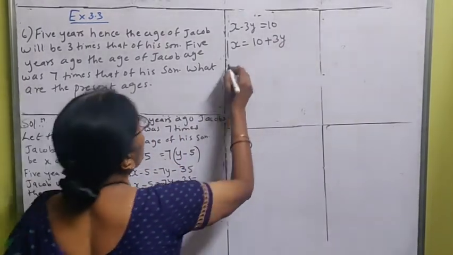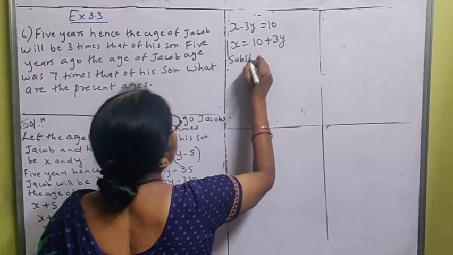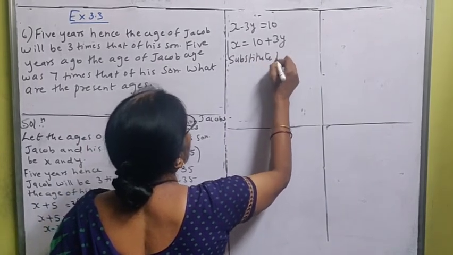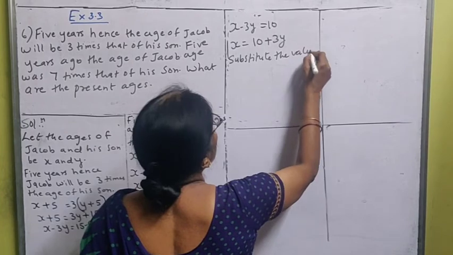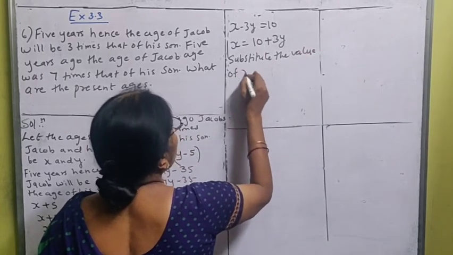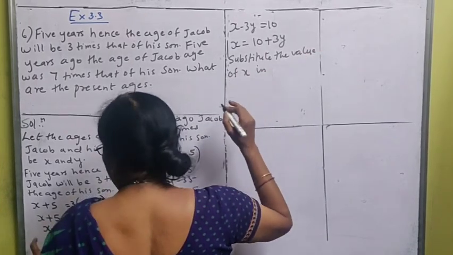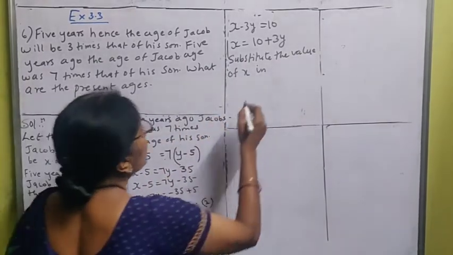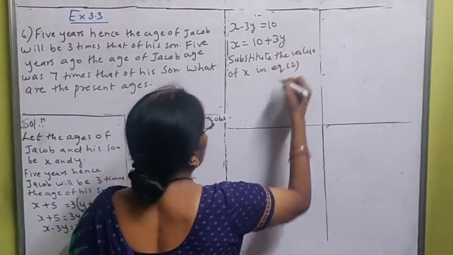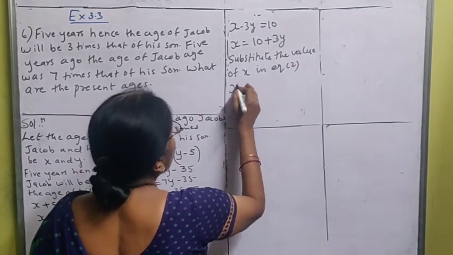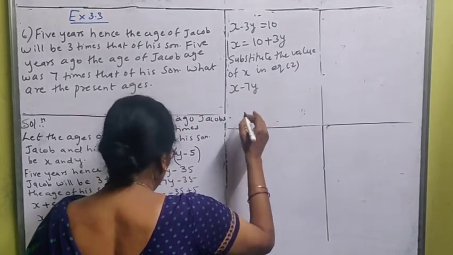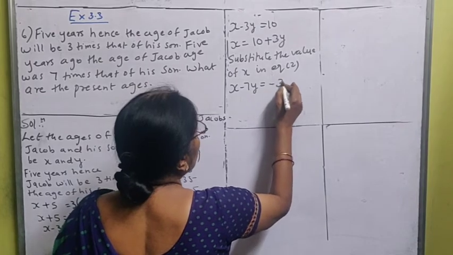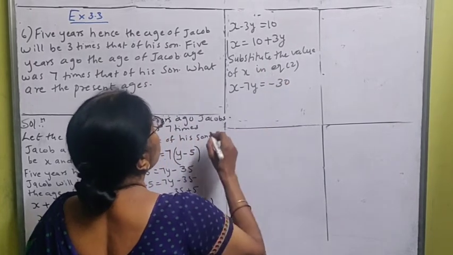I will substitute the value of x in equation 2. What is equation 2? x minus 7y is equal to minus 30. So I am going to substitute it.